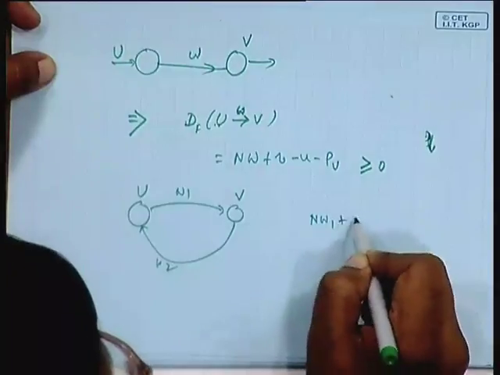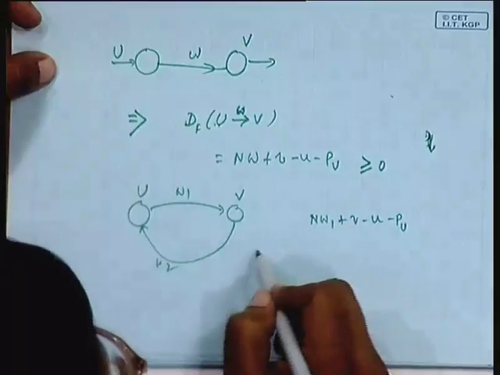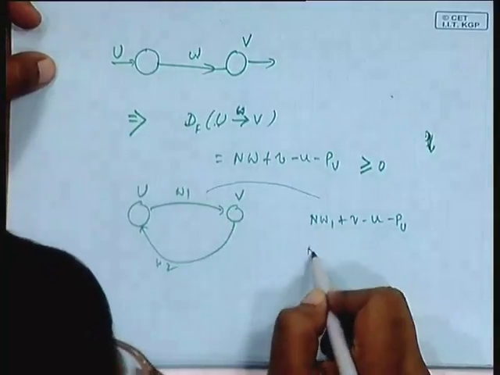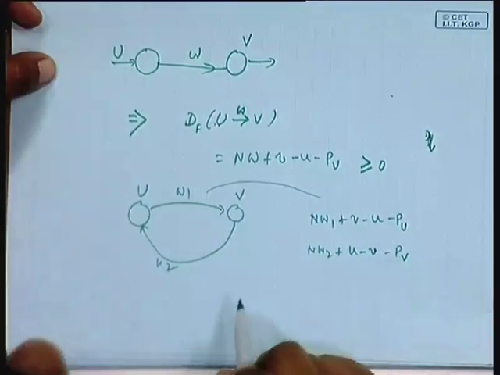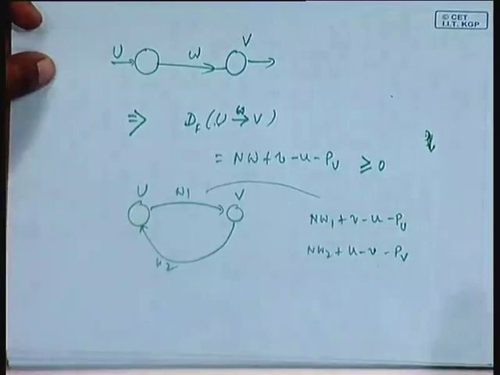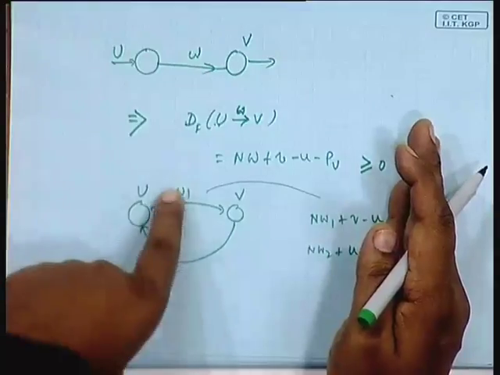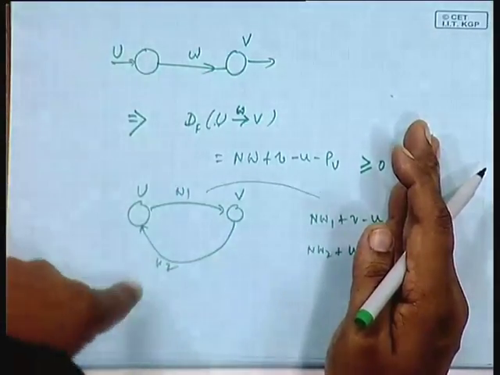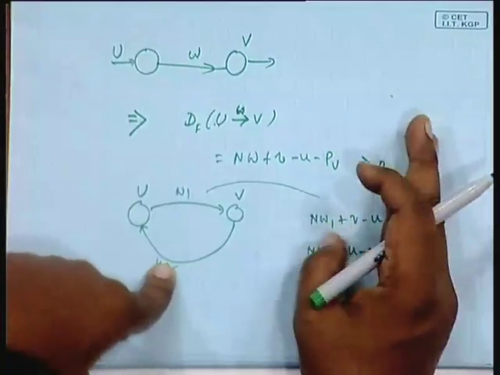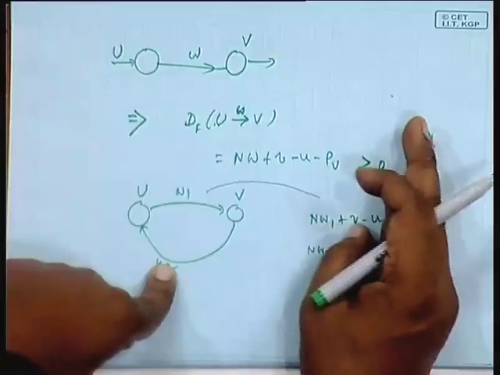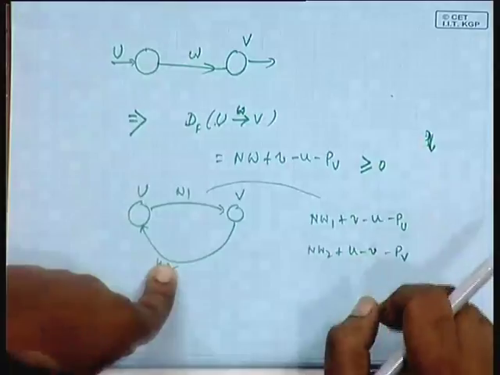N W1 plus V minus U minus PU, and the other edge will give rise to N W2 plus U minus V minus PV. Suppose PU and PV are 0 for the time being, and also W2 is 0. W1 cannot be 0, as it would become a delay-free loop, which is an impossibility. W2 is 0, and N equals 2 or something. So you have N W1 plus V minus U on one hand and U minus V on the other, and both must be positive.